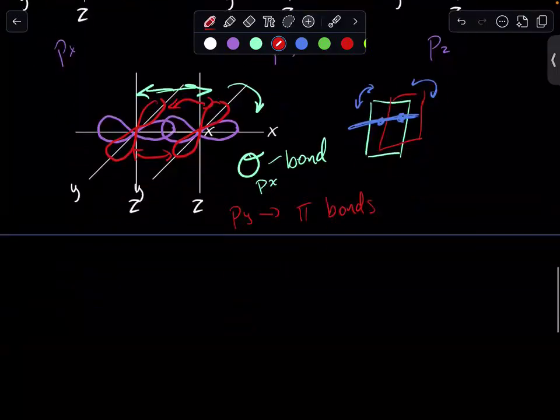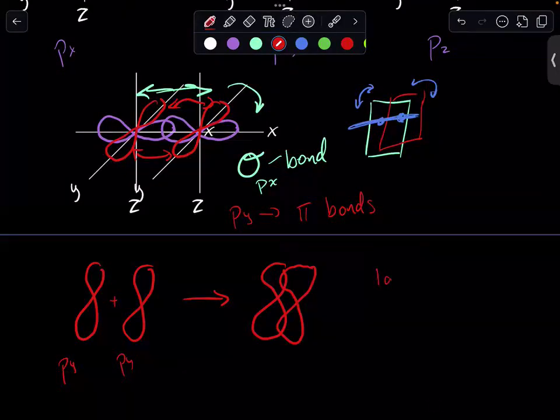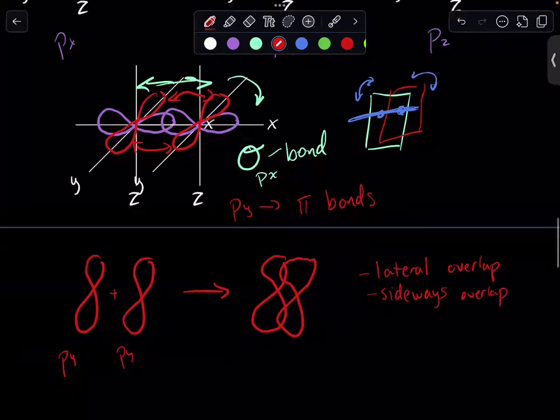And the way this actually ends up looking is if we have our two bonds, this is one PY and one PY, and we add them laterally, or lateral overlap, we get this new structure where they overlap. And so this would be lateral overlap or sideways overlap. And this is our pi bond.